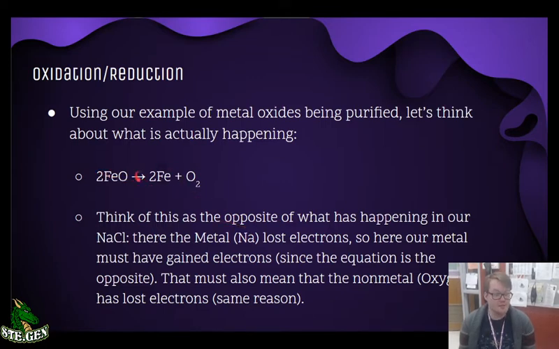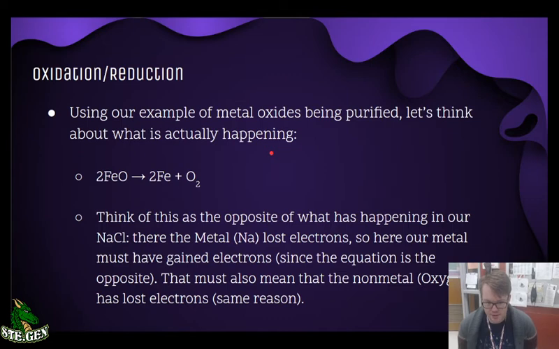And so here, because it's doing the opposite, because we had over here on the last one Na and Cl on the left side, and Na lost. Now we're splitting apart, which means the Fe, which is a metal in this reaction, must be gaining electrons. And that also must mean that the non-metal, in this case the oxygen, must have lost electrons. It must have, in this exchange when it bonded together, lost electrons because the Cl gained them when we looked at the opposite.